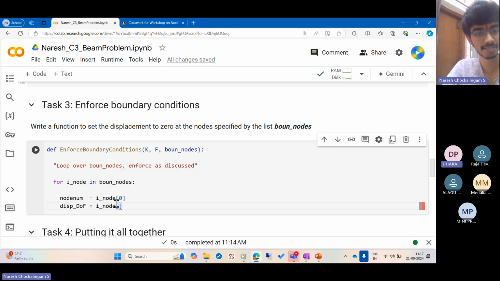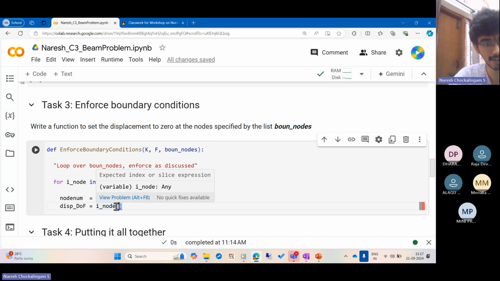So in the first iteration, it will give the first row in the bound nodes matrix. In the second iteration, it will have the value of the second row. So instead of writing range of length of bound nodes and then taking every row at a time, I'm just taking a row at a time directly. This is a Python shortcut. In C++ or Fortran, you don't have this, but here you can just take a row.